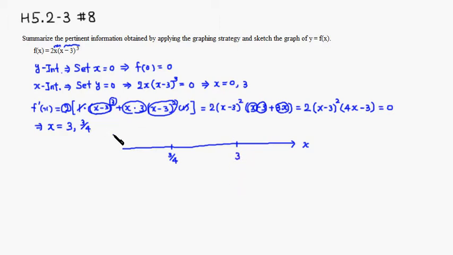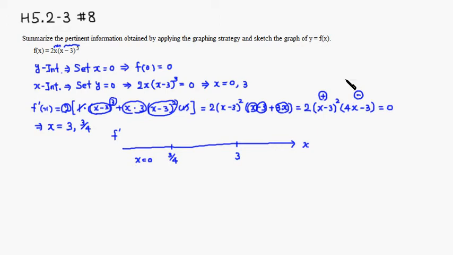Then we're going to look at the sign of f prime. For anything smaller than 3/4, I'll try x equals 0. If you plug in 0, 2 is positive, and because of the square, this is always positive, so we just have to worry about this factor. It's 0 minus 3, so it's negative.